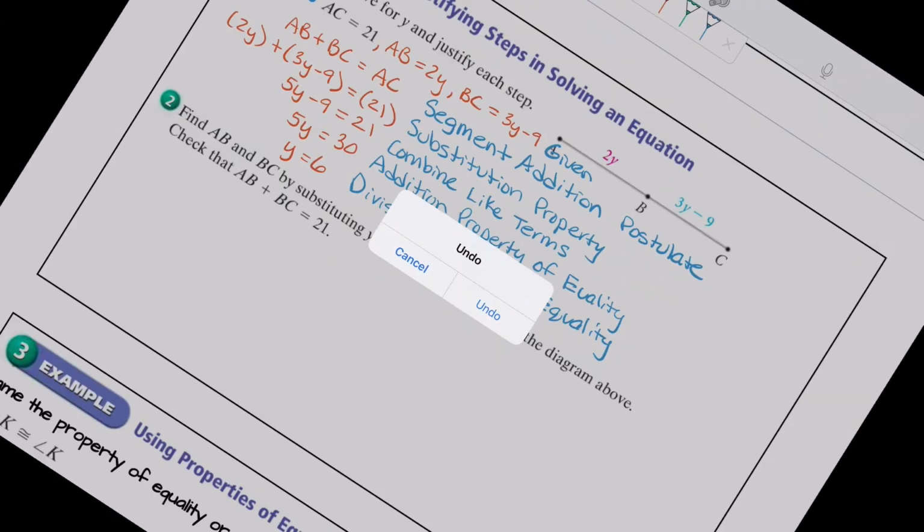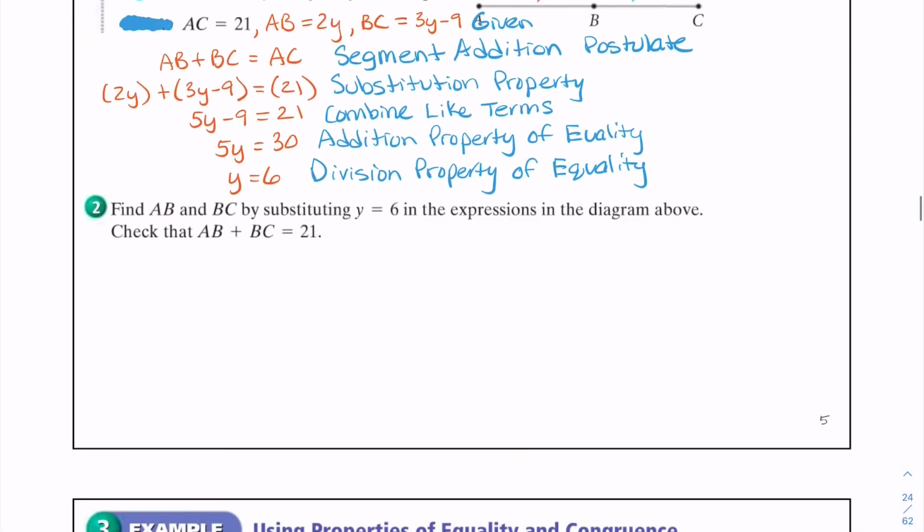The next proof: find AB and BC by substituting y equals 6 in the expression in the diagram above. So now I'm not actually doing a proof, but I'm just going to write that AB equals 2y.